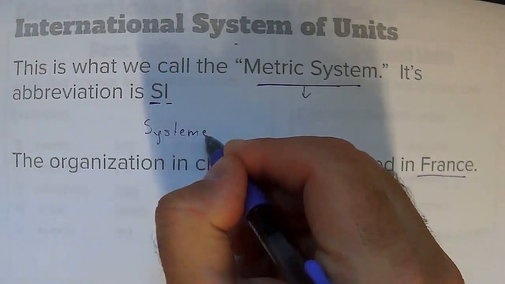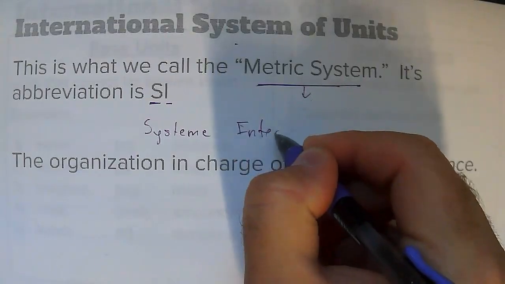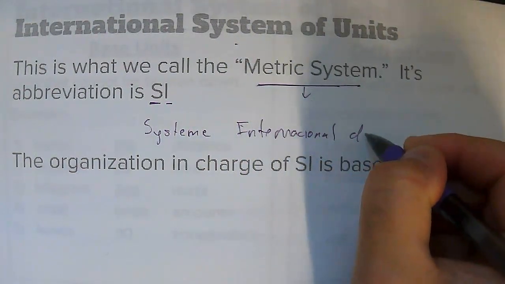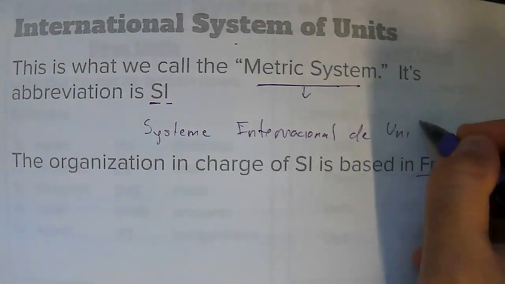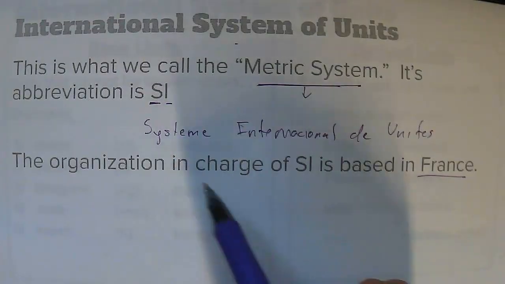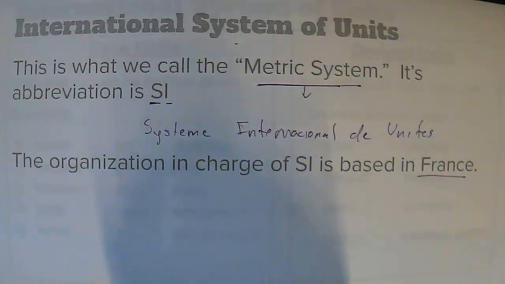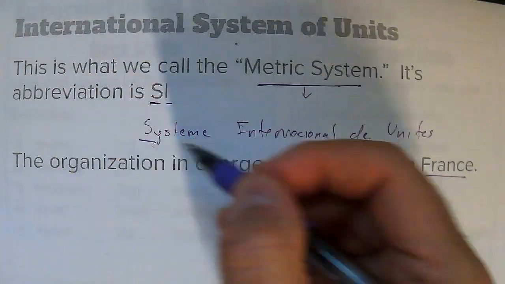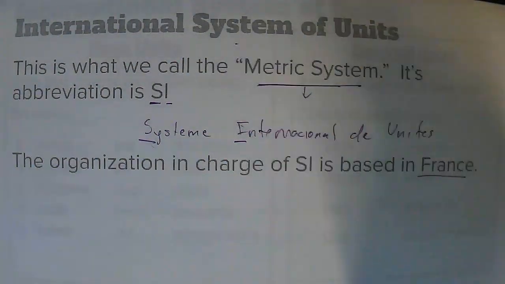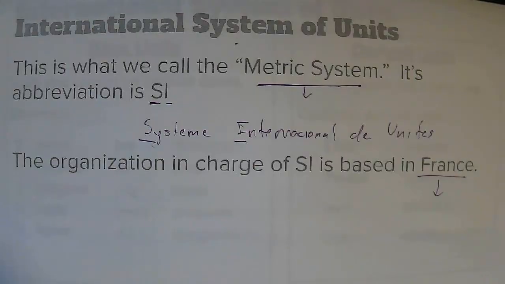Système International d'Unités. And I'm sure there are accents and stuff, but this is about as much French as I know. So this is where it gets abbreviated SI. It's based in France.